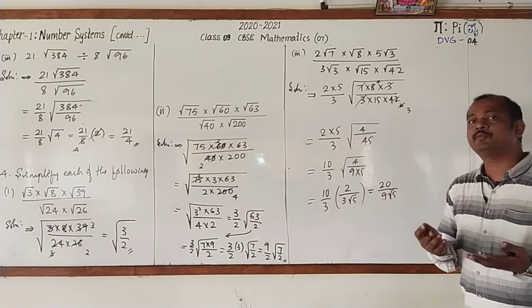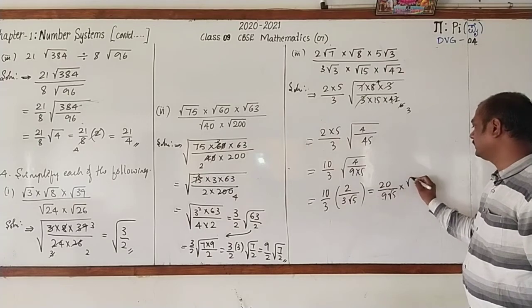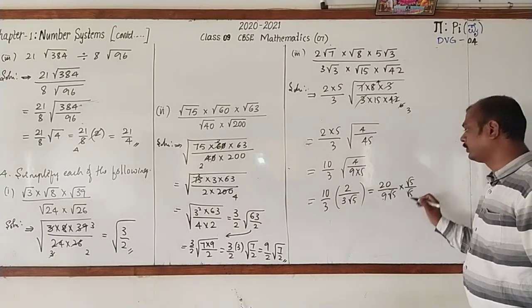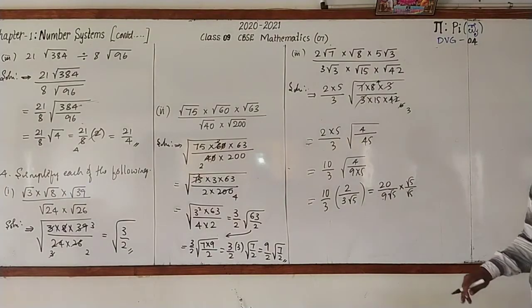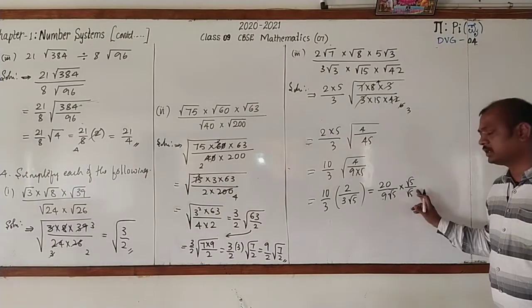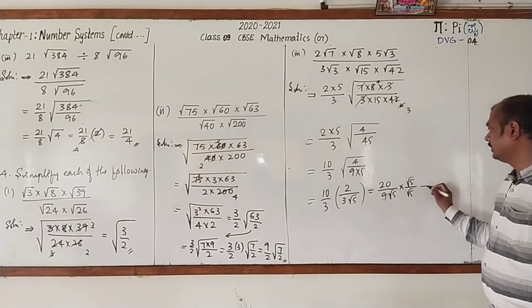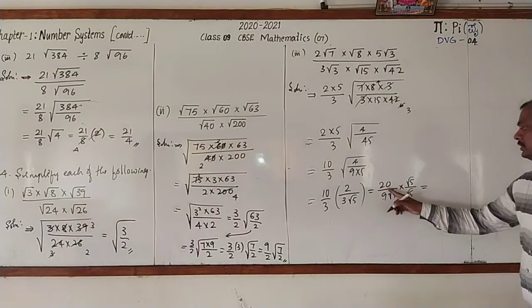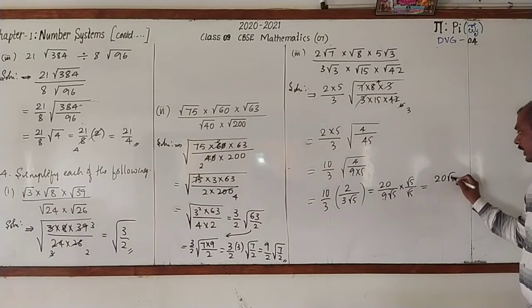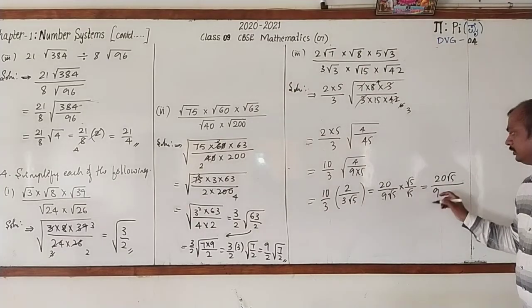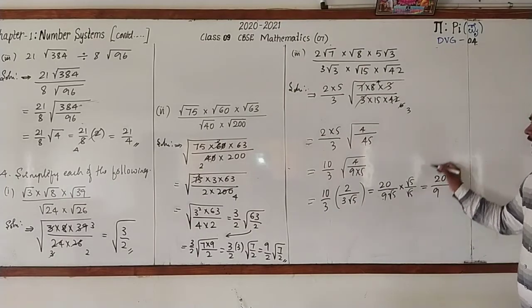If you want to simplify again, you can multiply by root 5 by root 5. It will not affect the statement, because I am multiplying by root 5 over root 5, which is 1, so it is the same number. It is equal to 20 root 5 divided by 9 into, what is root 5 into root 5?